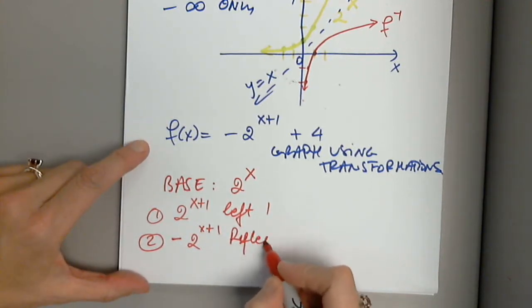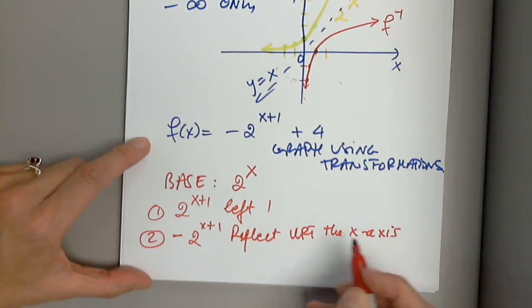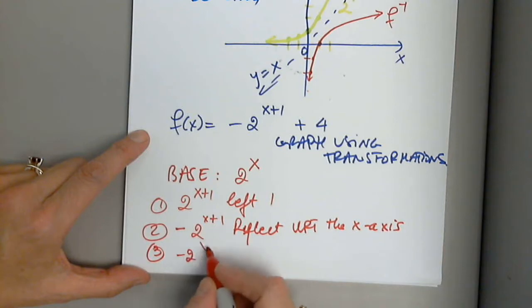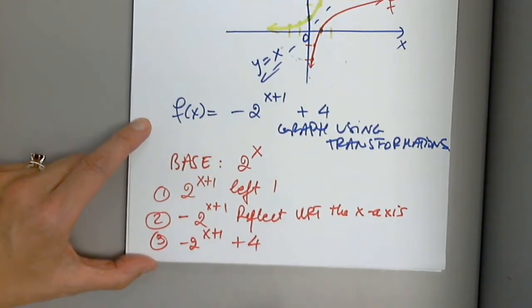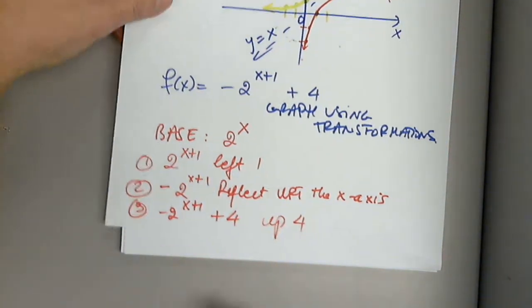And number 3 is the last transformation, which is basically on number 2. Up 4. Very good. So let's graph all these.